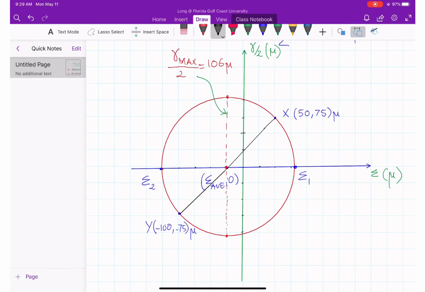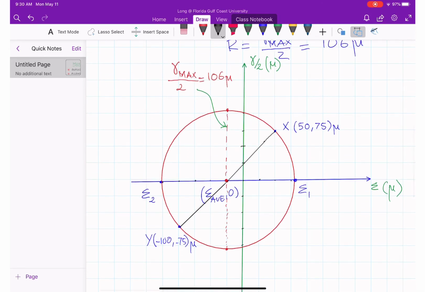Then we can locate all the other planes, for the principal normal strains and the maximum shear strain. How can we do that? Always start at the x plane. From the x plane, move an angle counterclockwise to the vertical, gamma max over 2.